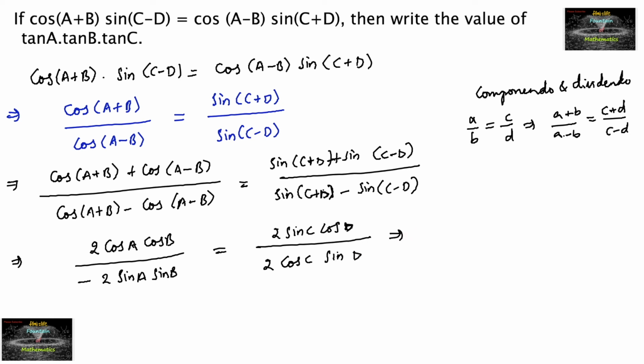So which can be written as, here 2 and 2 get cancelled, then sin c by cos c is tan c, and cos d by sin d is cot d. Here we can write cos a by sin a, that is cot a into cot b, which is equal to tan c into cot d.